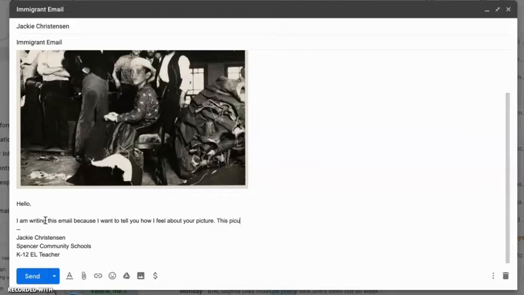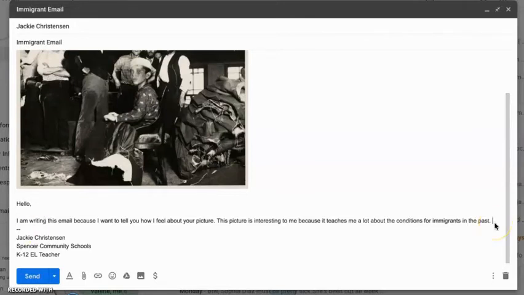This picture is interesting to me because it teaches me a lot about the conditions for immigrants in the past.